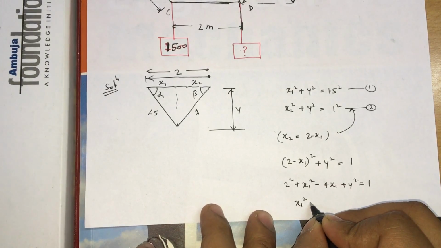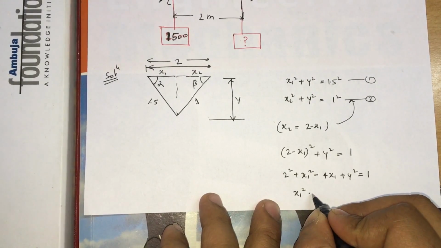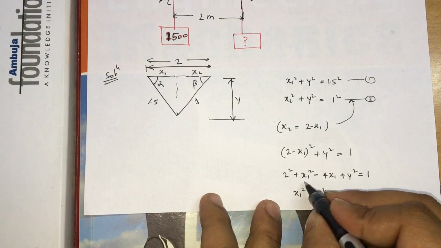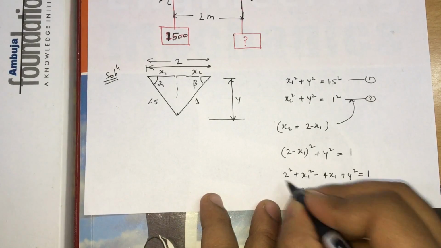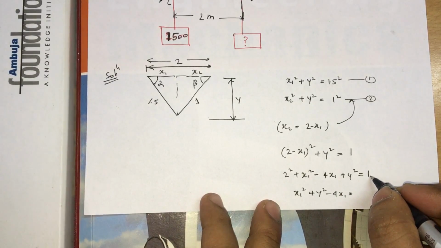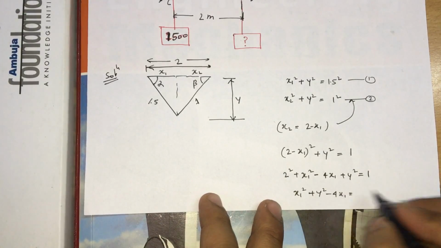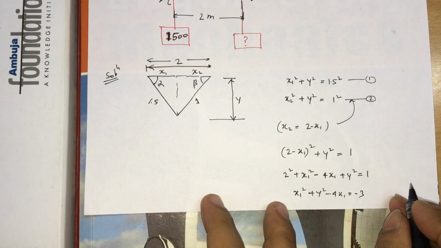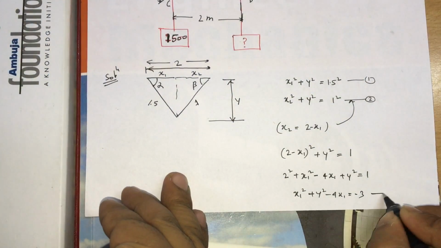Is it visible to you? Yes. And x1 square plus y square, and this is minus 4x1, is equal to 1 minus 4. So this would be, we can write here, changing this to here. So 4 and minus 4, so minus 3 I can write here. So this is minus 3, equation number 3.